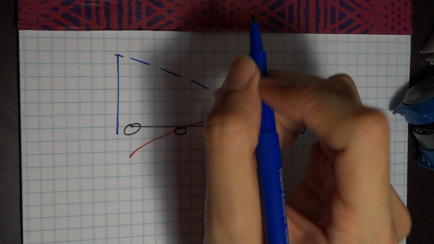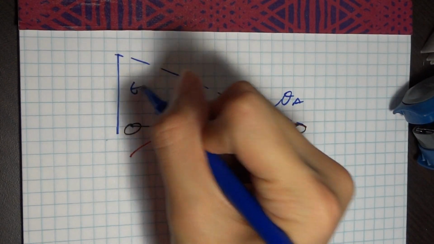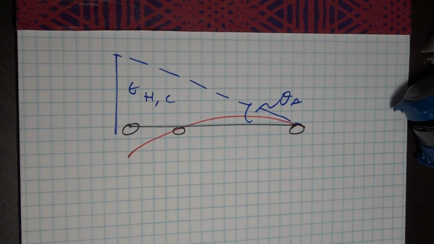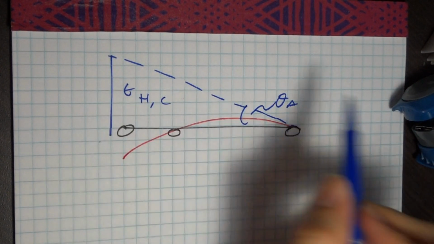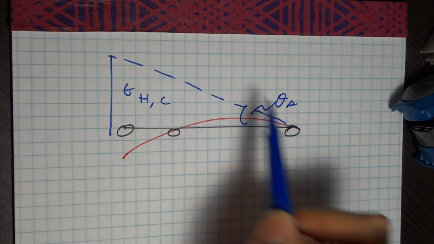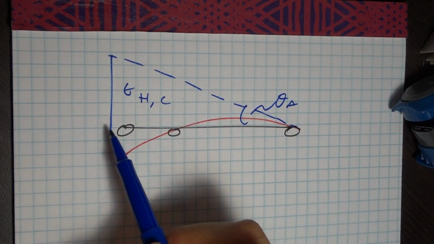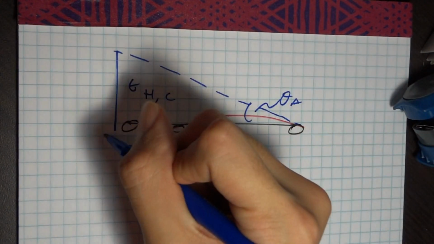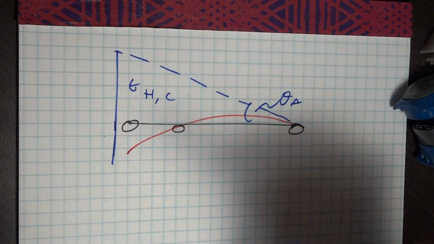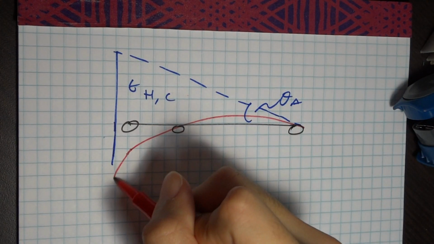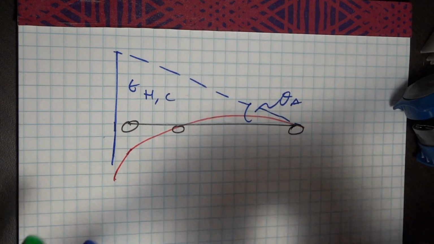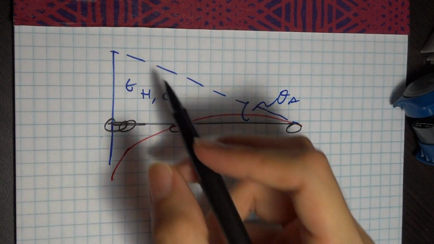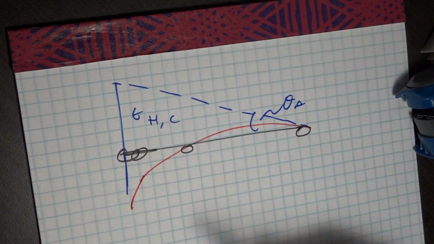This distance here is THC, the distance from the tangent line drawn at C to the hinge. I didn't draw this correctly, but it should be like that. This is where the hinge is. This entire length here is THC.